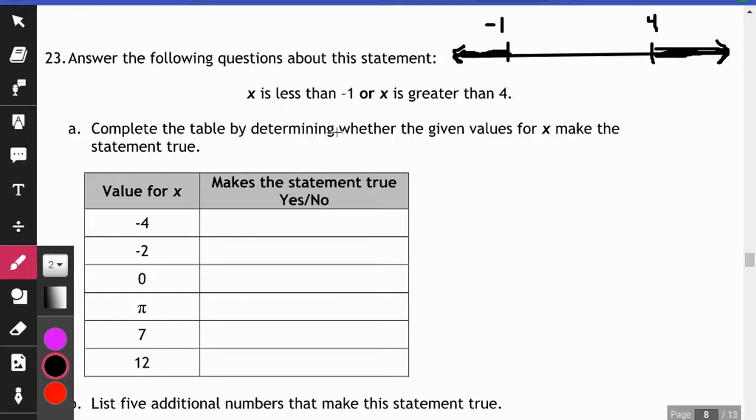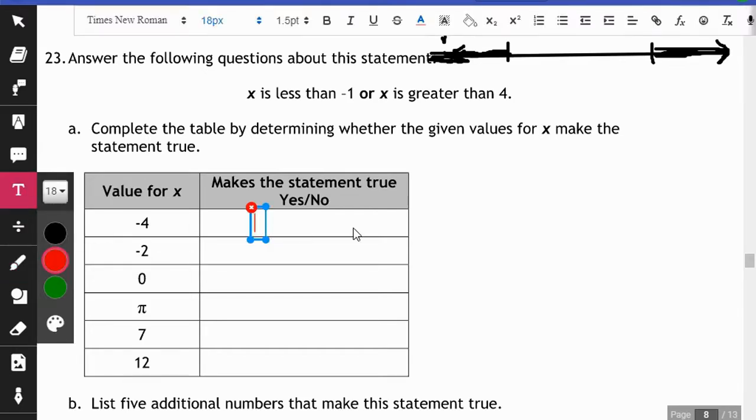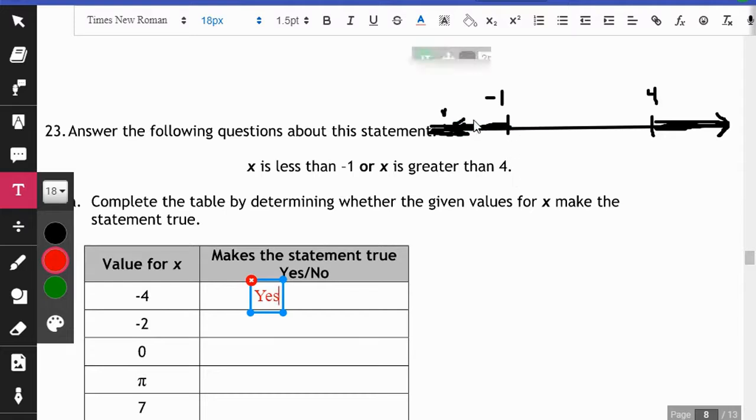So is this true? Is -4 a number that's less than -1 or greater than 4? Yeah, -4 is down here, on this line. So -4, yes, that's what I wanted to write. -2, is -2 less than -1? Yeah, it's right here. It's in the filled in area. Yes.